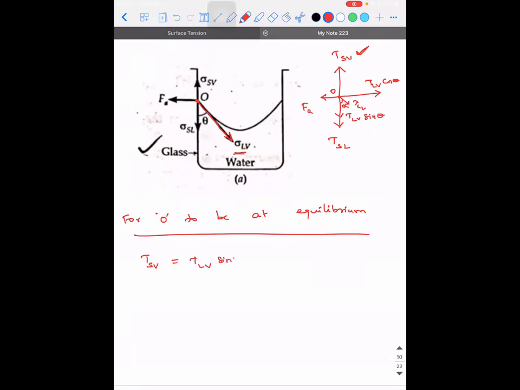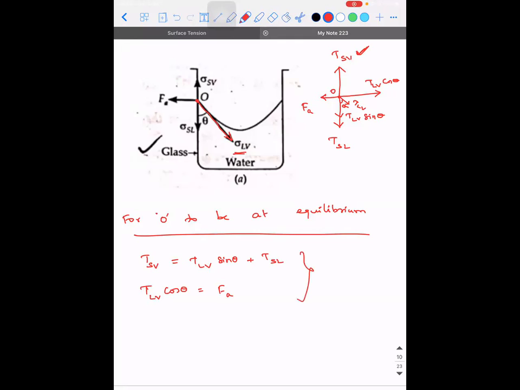Very good. TLV sin theta plus TSL. Similarly, TLV cos theta should be balanced by the adhesive force. Right? Guys, able to understand this?